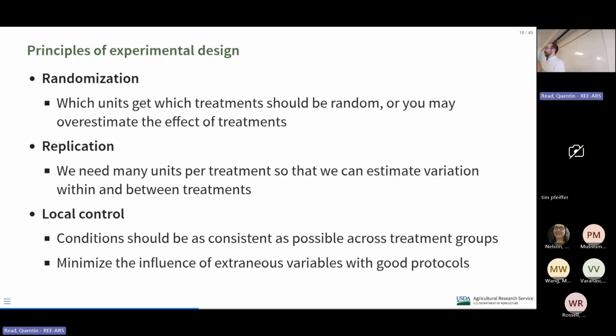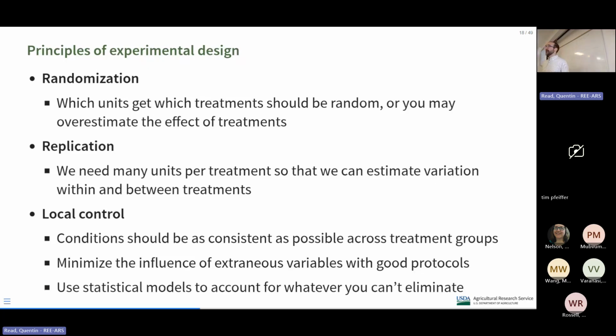And that can be done by having very good protocols and doing everything cleanly so that you minimize the variation, but there's always going to be some that you can't eliminate. So we do our best through statistical models to account for any variation that we can't physically eliminate.